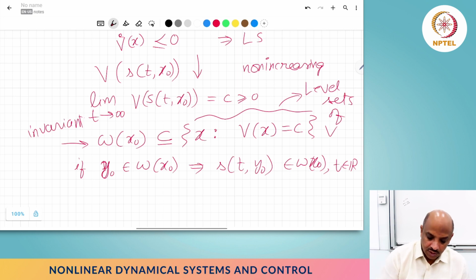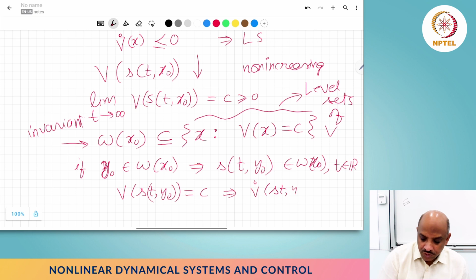Well, this simply means V of S of t comma y0 is going to be equal to a constant. So by taking the derivative, V dot of S of t comma y0 is going to be 0. Okay. So we can actually just focus therefore on V prime of f of x equal to 0, right?